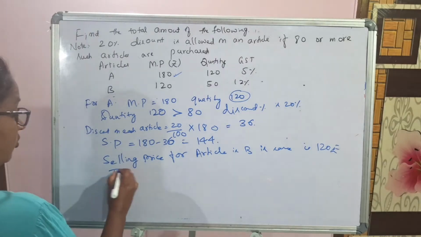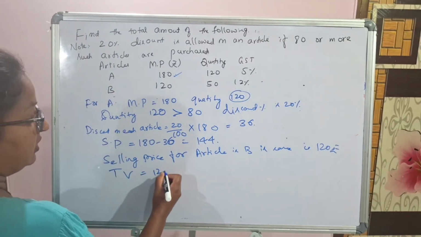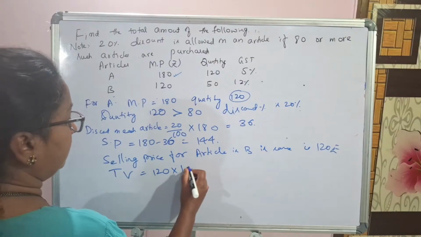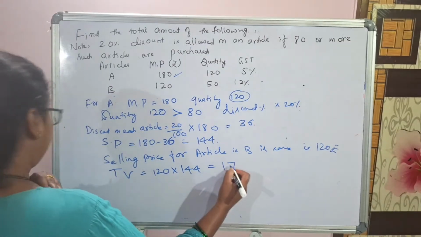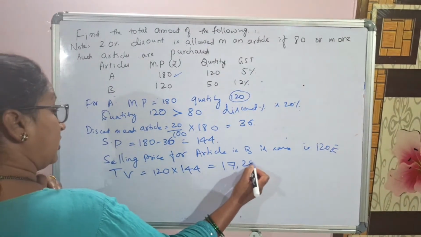So total value is equal to 120 into 144, which is equal to 17,280.